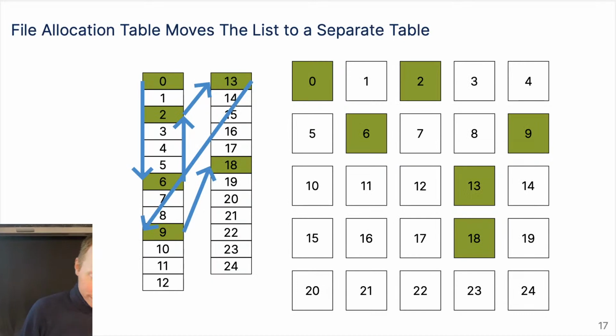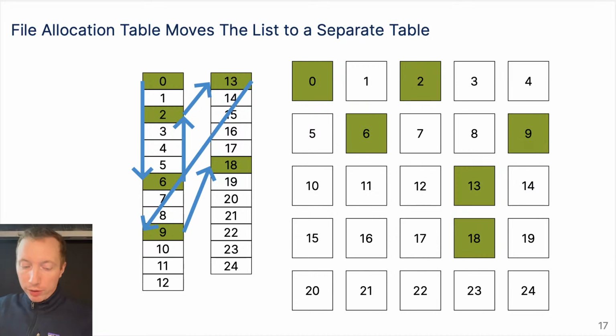So that's what a file allocation table does. All it does is move the pointer from the block itself to its own space, and then each array element represents a block, and it would have a pointer to it.